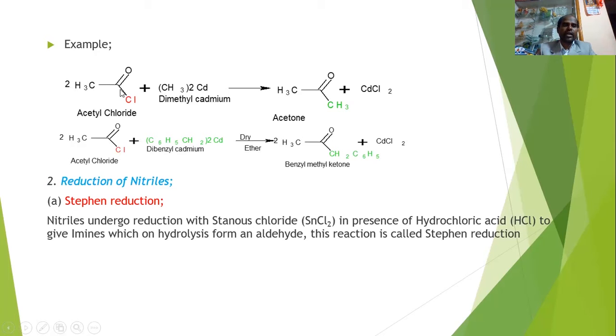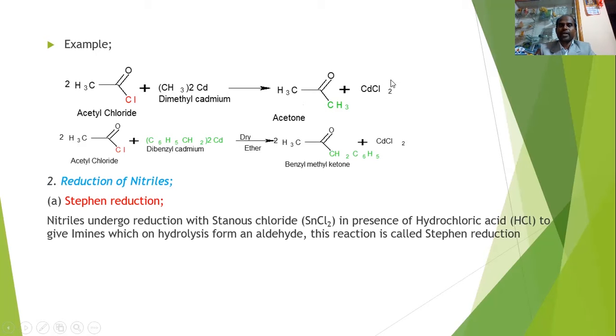The methyl will attack this carbonyl group and Cl will go out. So two acetyl chloride molecules are required for reacting with one molecule of dimethyl cadmium, giving rise to a ketone. The ketone obtained here is called acetone.